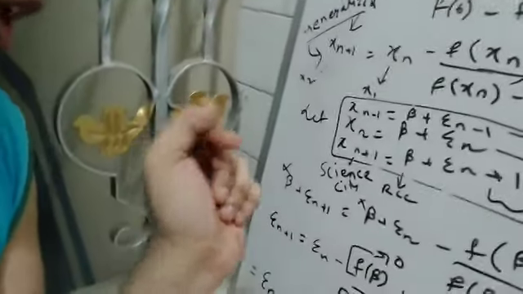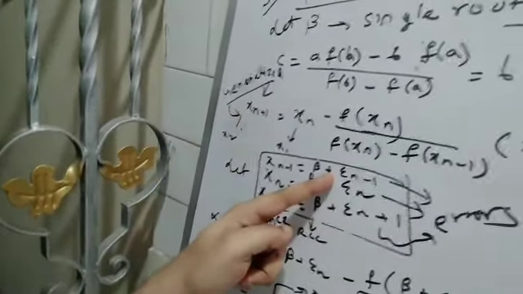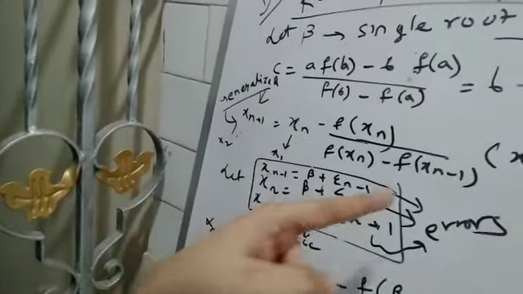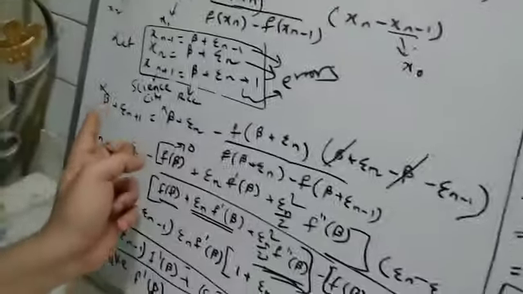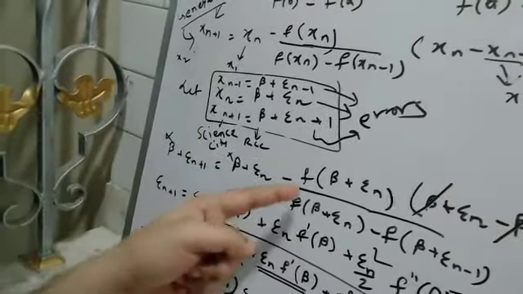Now in this expression, for x n plus 1 I can write this, instead of xn I can write this, and instead of x n minus 1 I can write this. So I have written this. Now if you simplify this, you will get this.